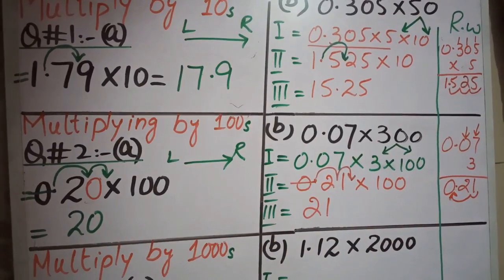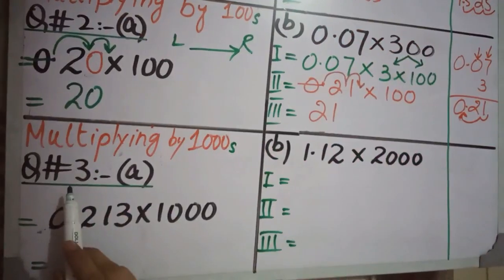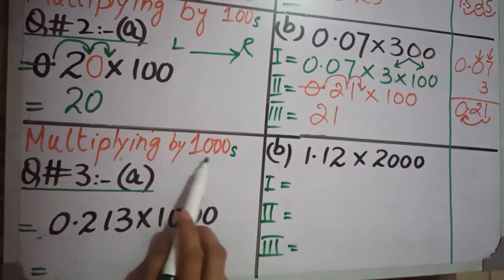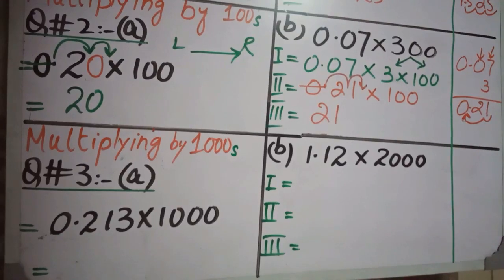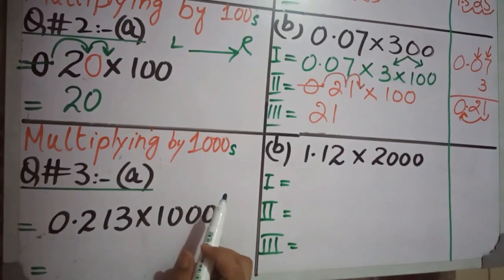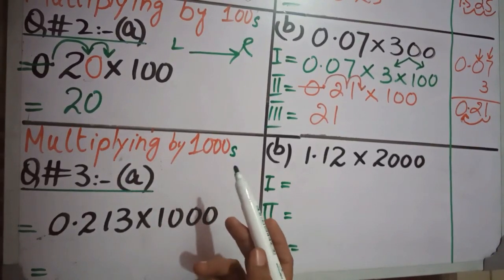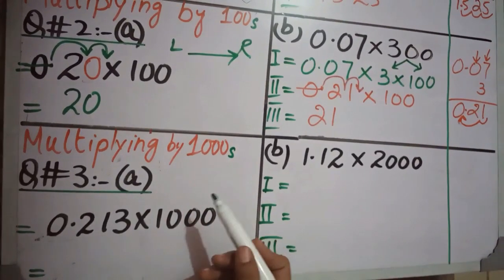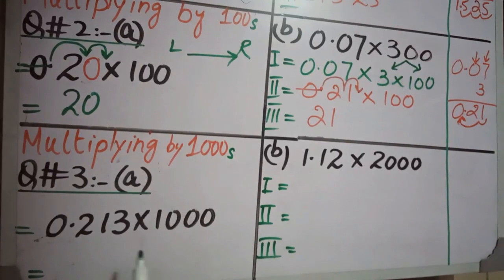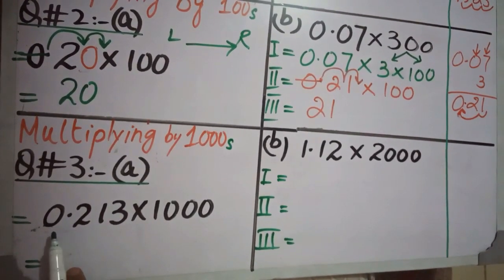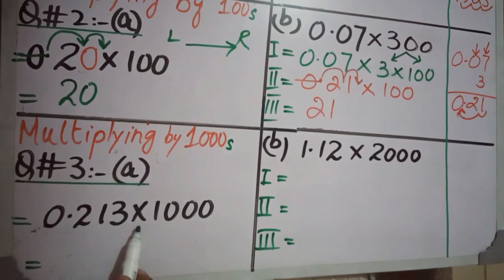Clear? Now in question number 3, here we are multiplying by thousands. The method of all questions is the same, the only difference is the zeros in 10, 100 and 1000. Clear? And the methods are all the same. In question number 3, we have 0.213 multiplied by 1000.